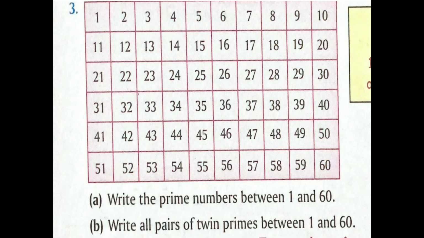Now we do question number 3. From here you have to find the prime numbers between 1 to 60.